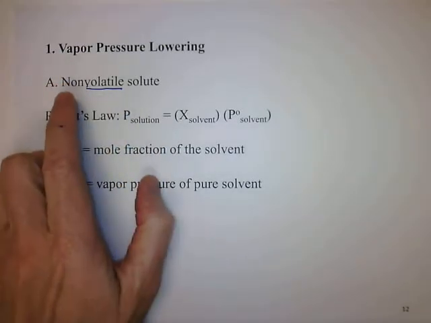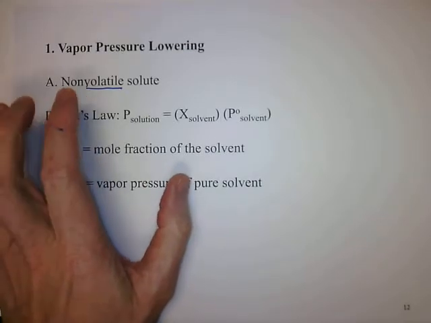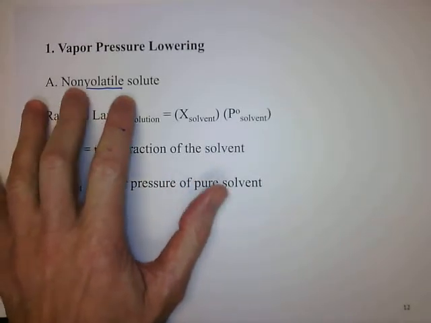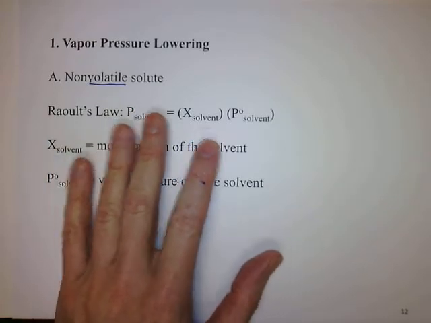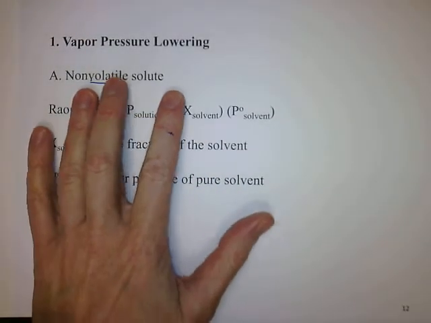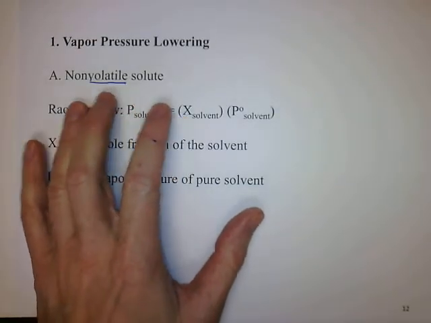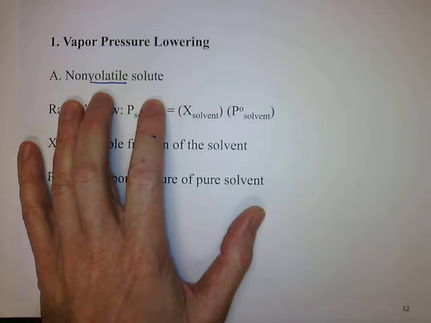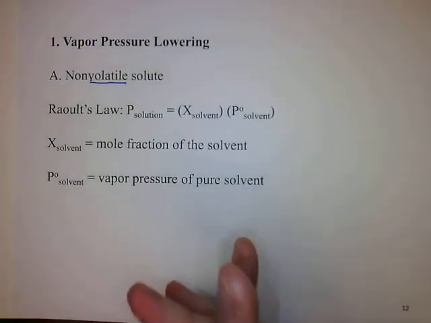Non-volatile is the opposite of that. A non-volatile substance does not evaporate readily and does not have a vapor pressure of its own. For example, if you're dissolving salt or sugar in water, those are non-volatile solutes. They don't have any vapor pressure of their own.